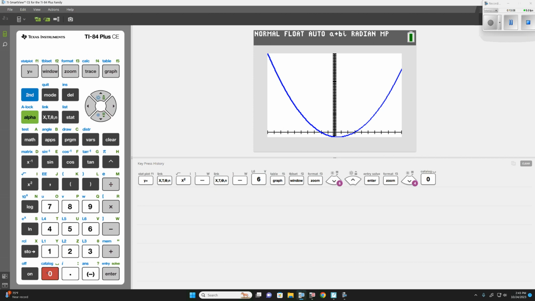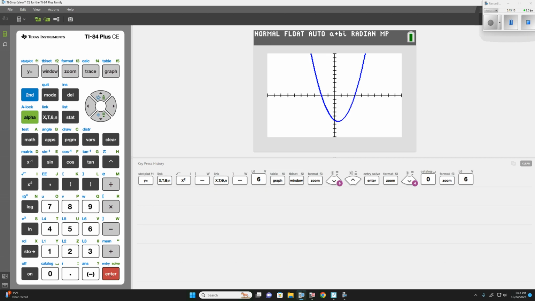Zoom 6 will fix it if the graph's off the screen or it's saying a window error. If an error does show up, especially on the test, ask, and I will fix it there.